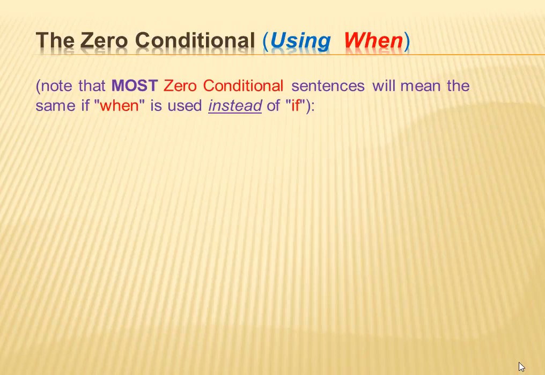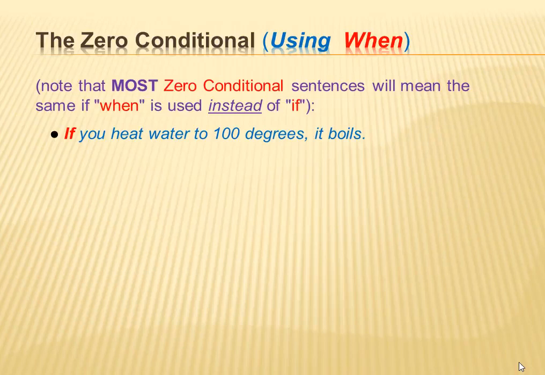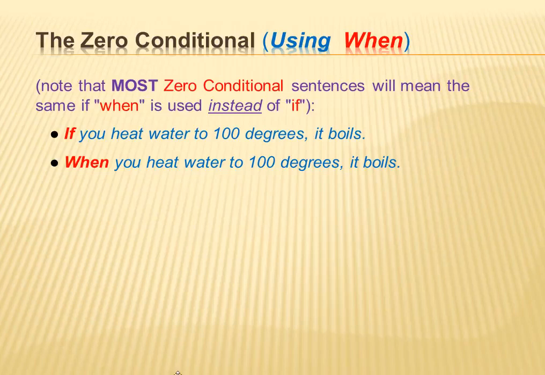Note that most conditional sentences mean the same if when is used instead of if. So I mean that you can use when instead of the word if. For example: if you heat the water to 200 degrees, it boils. When you heat the water to 200 degrees, it boils. Both of them you can use, whatever you want.